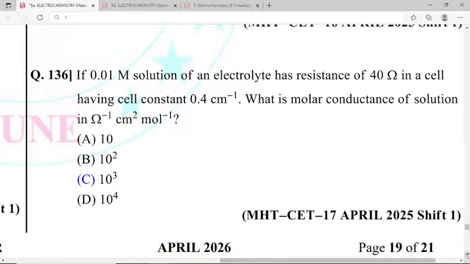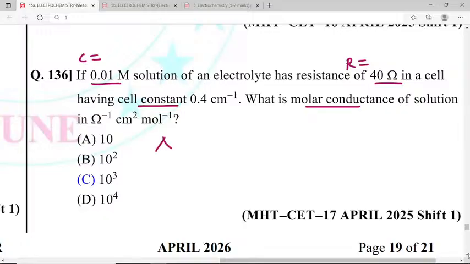If the concentration is 0.01 molar, the resistance is given as 40 ohm, and the cell constant is given, find the molar conductance of the solution. Same question, same repeat here.